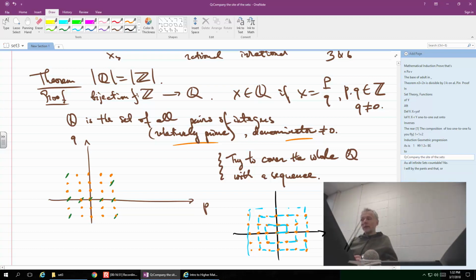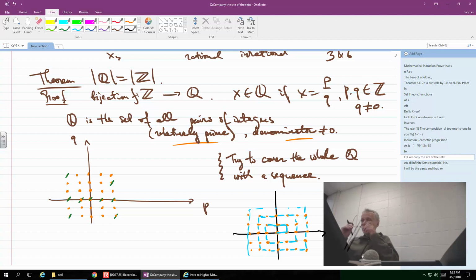There might be a description by formula. The picture certainly speaks volumes here. The idea is right there. It is possible probably to come up with a formula, but it might take some work. So we'll just say this is the argument that provides that bijection. So we have covered all the rational numbers with a sequence of numbers.